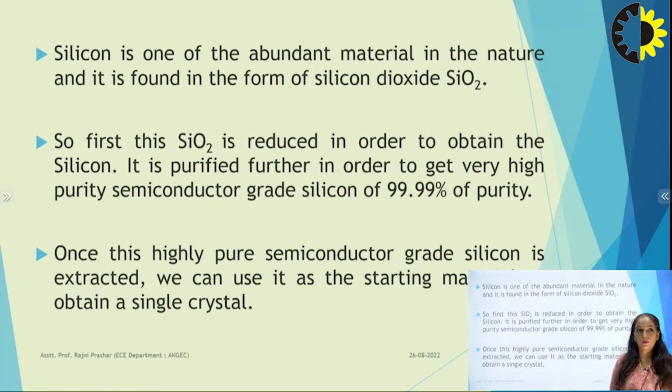Once this highly pure silicon is extracted, we can use it as a starting material to obtain the silicon ingot, and that silicon ingot will then be sliced into wafers on which we can fabricate the transistors.